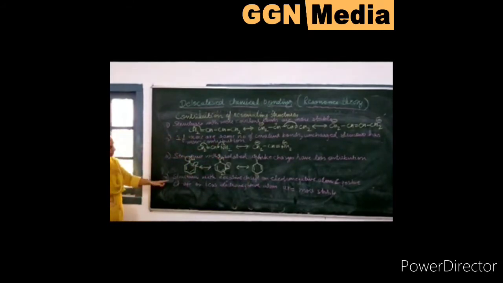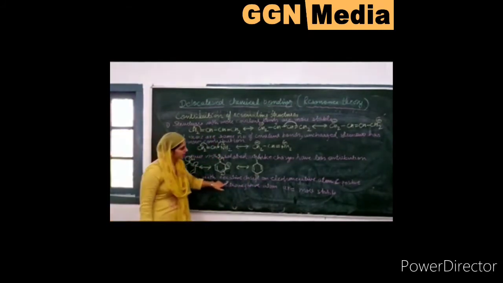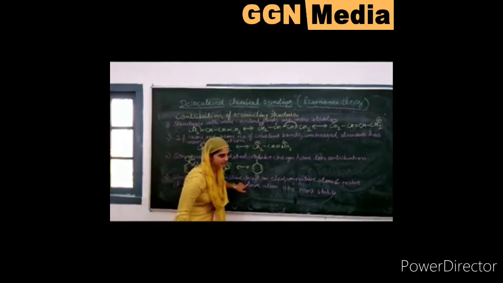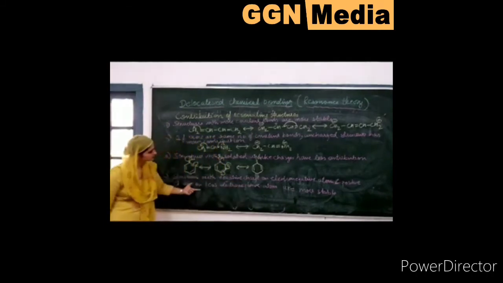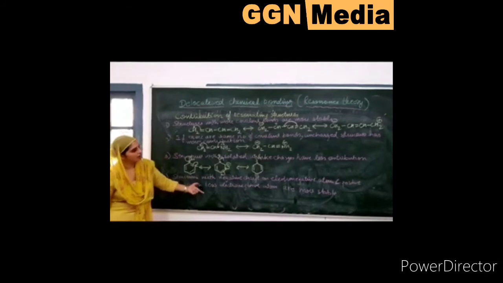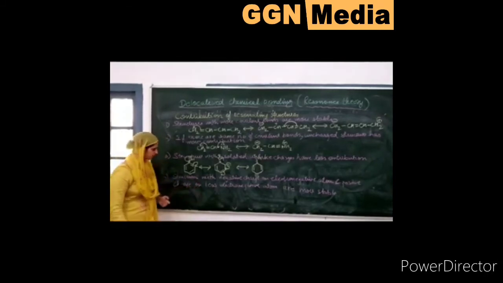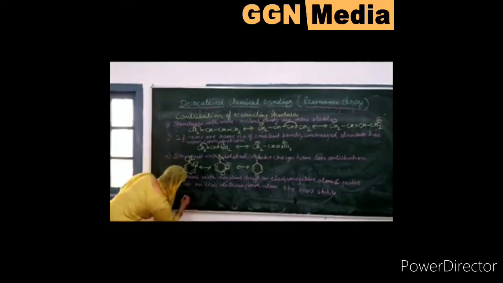Fourth point, the structures with negative charge on an electronegative atom and the positive charge on a less electronegative atom are more stable. So taking the example of an unsaturated aldehyde.